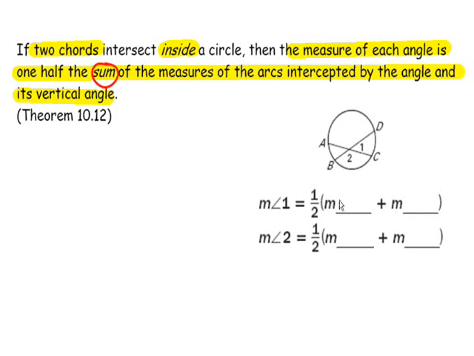So we're talking about the measure of arc AB and the measure of arc CD, 1/2 of those two. And then angle 2 works the same way, except now we're talking about AD because it's one of the intercepted arcs, and BC is the other intercepted arc. So inside the circle, add the two arcs together, divide by 2.